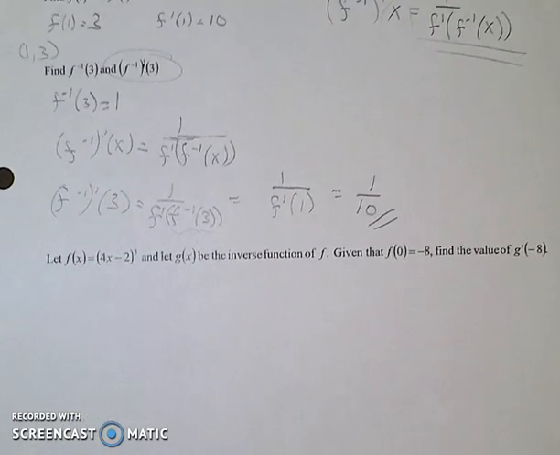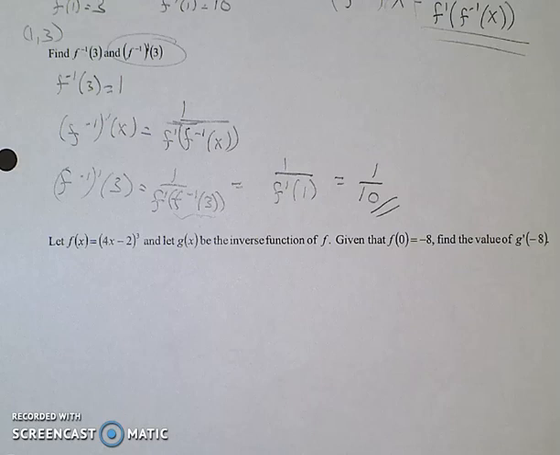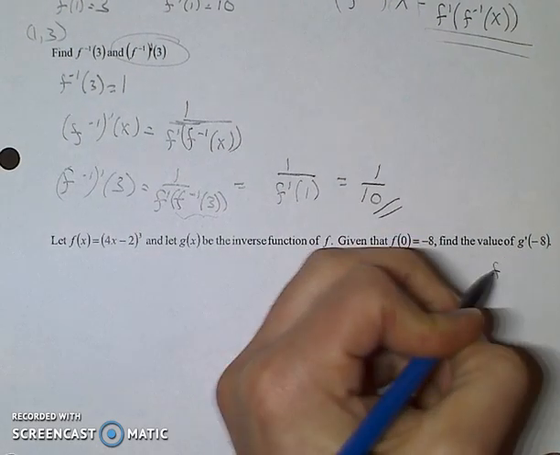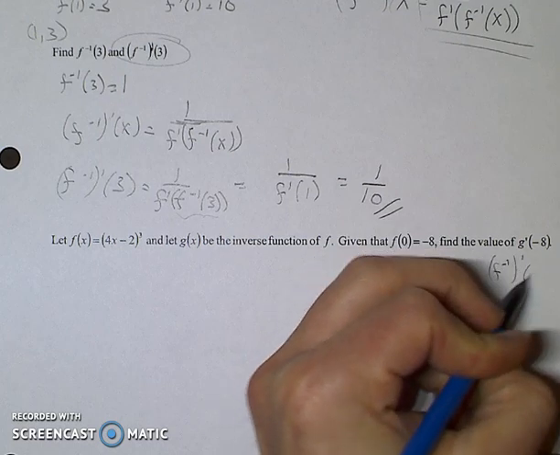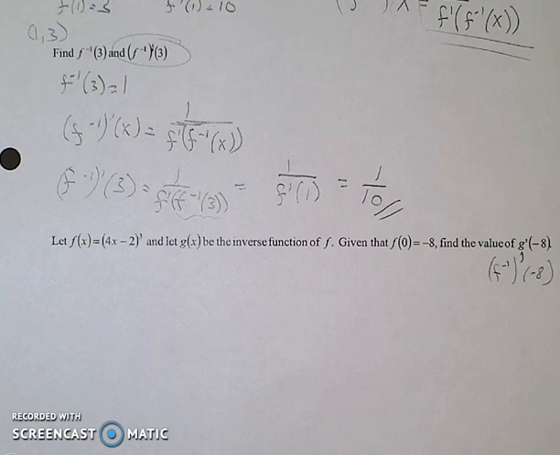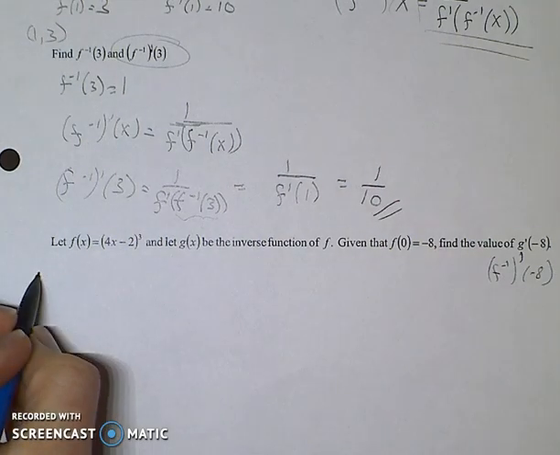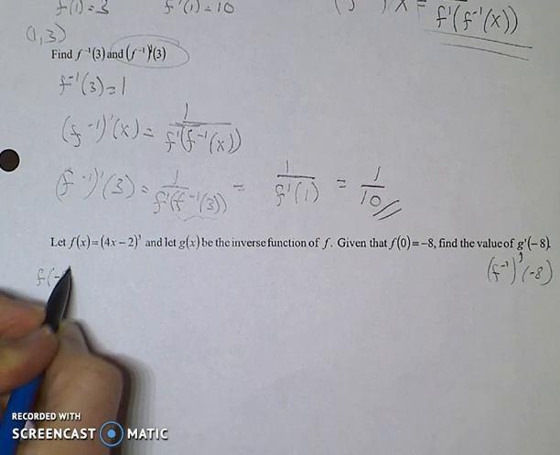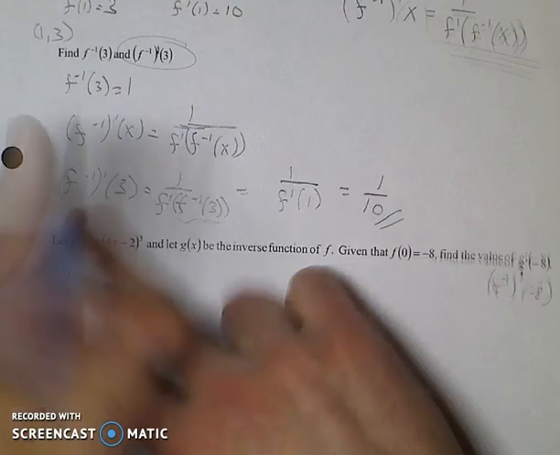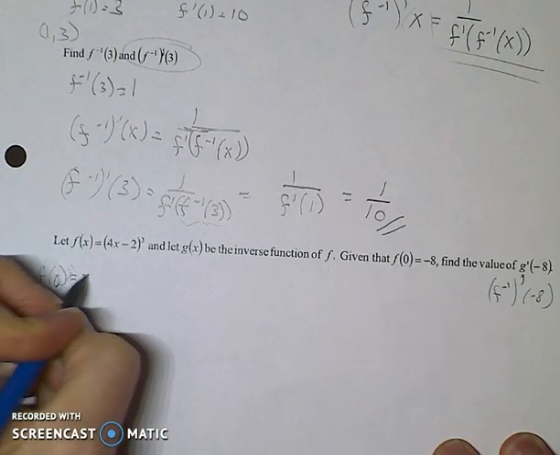So the last example here, if f of x equals 4x minus 2 and g of x is the inverse function of f, then we're going to find the derivative of the inverse, another way of just saying f inverse prime of negative 8. So when we do that, we know that f of 0 is negative 8.